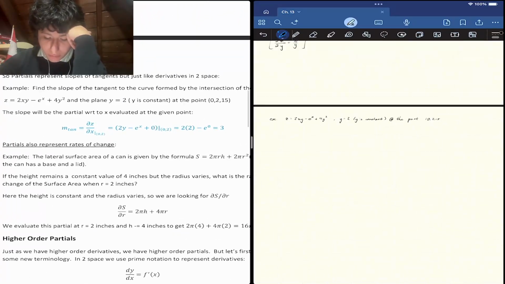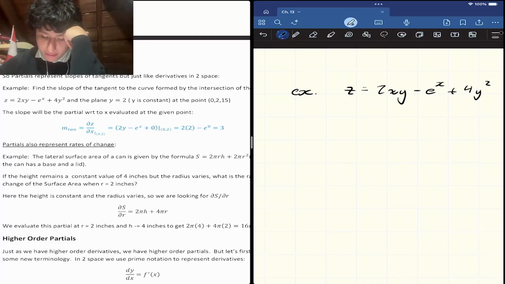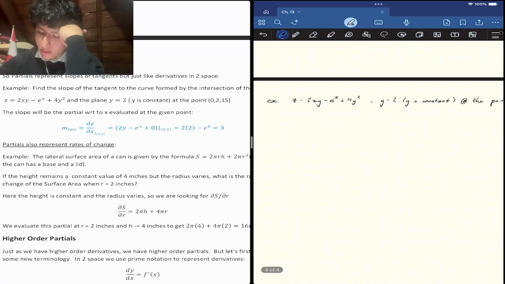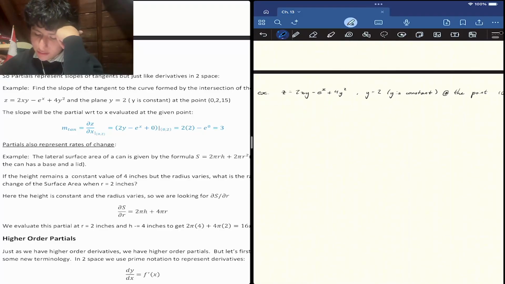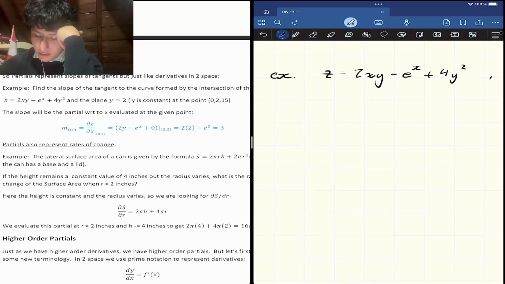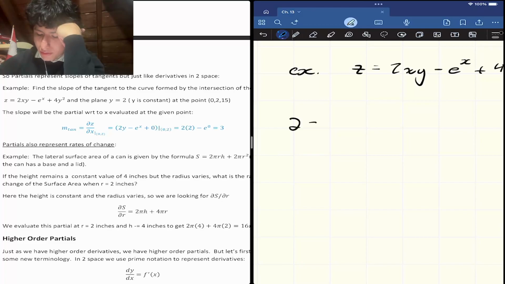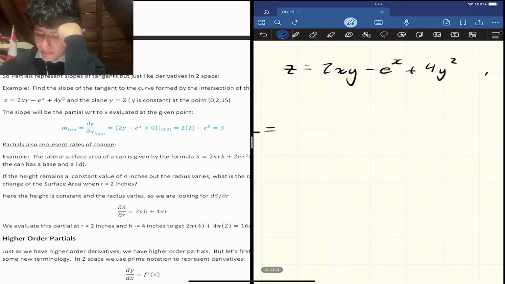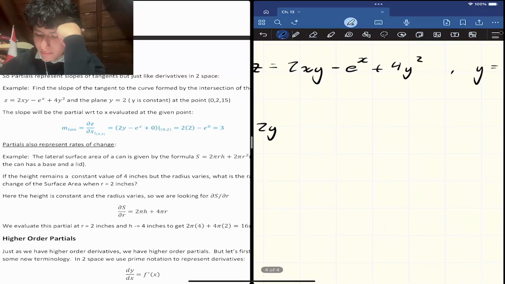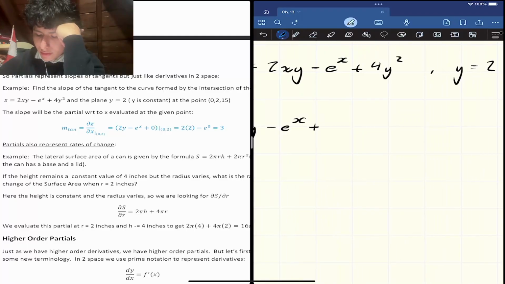So the slope will be the partial with respect to x. I understood that because, just by the keywords, y is constant, which means x would be treated as a variable. So we would have to find the partial of z with respect to x. In this case, it's actually pretty easy because we just get 2y minus e to the x plus 0.